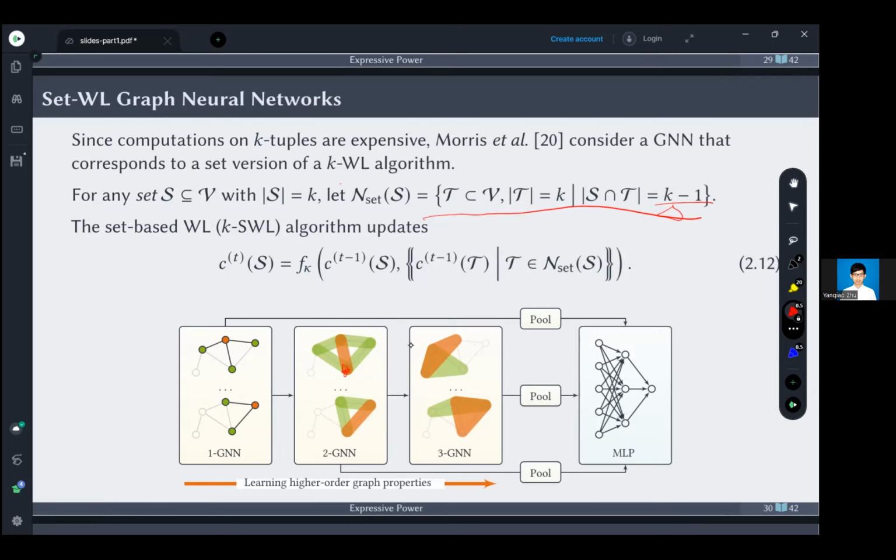I think it's a very interesting idea, but what happens if you keep increasing k? Would you end up with one giant tuple of all the nodes, right? Yeah, but you will have a limited neighborhood set because you only concern yourself with the set k-WL test, right?